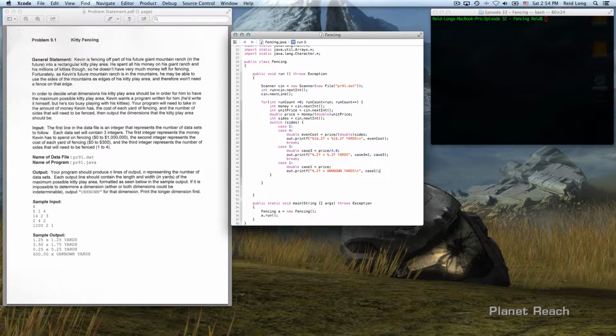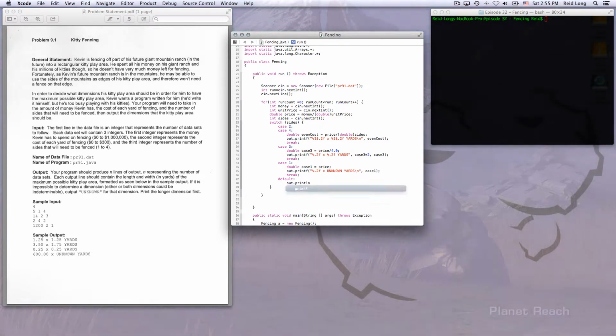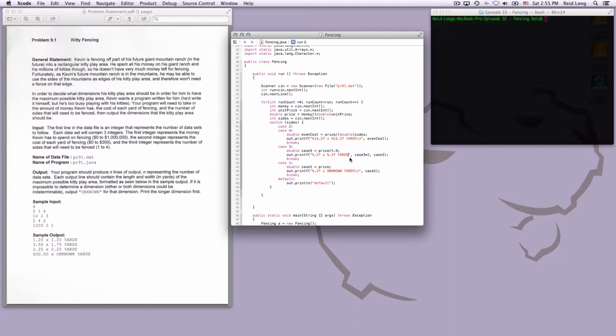So there's case 1 there, and I'll break. And I'll also include a default case just in case I have an error. There shouldn't be an error in it, but if I do, I want it to pop up when I'm doing my first run, just so I don't have any issues in the long run.